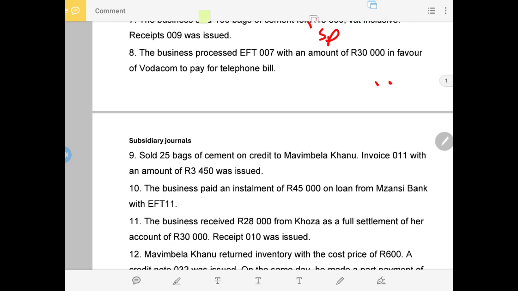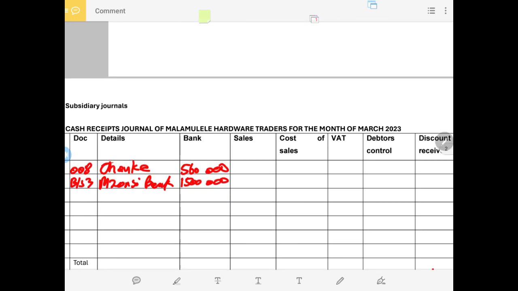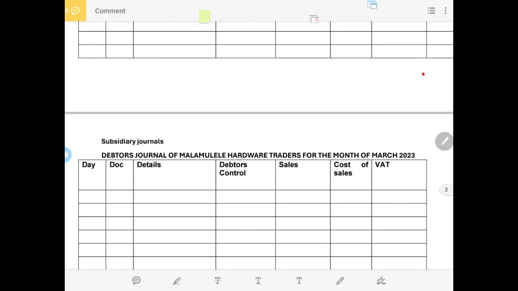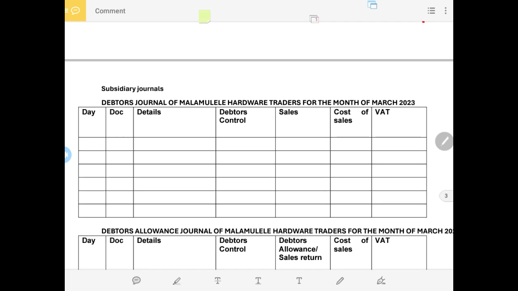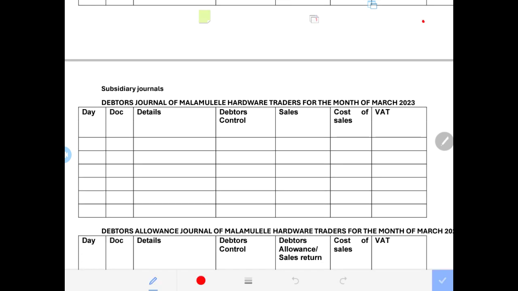Then we go to the debtors journal where we are selling on credit. This is transaction number 6, or day number 6. It was 010 when I was reading. Who is our customer? Our customer is Mia.